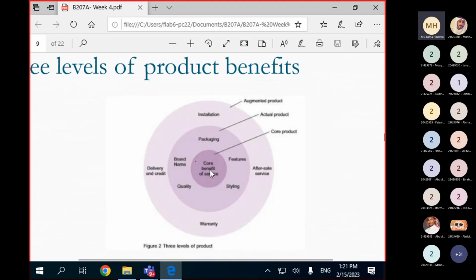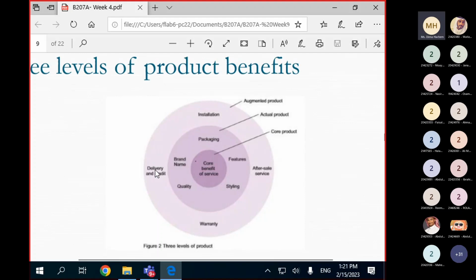It's not part of the product itself, but it's an extra, it's a plus that will attract you as a consumer. Okay, credit. Okay, Tabby and Tamara, nowadays everybody uses Tabby and Tamara. So if you are able to pay for the product in installments, it might be a more attractive offer for you to buy it.